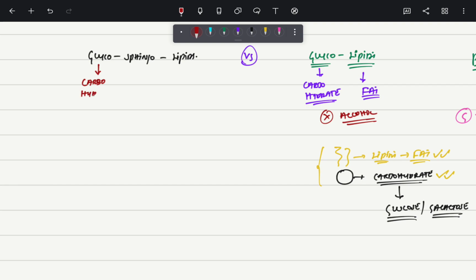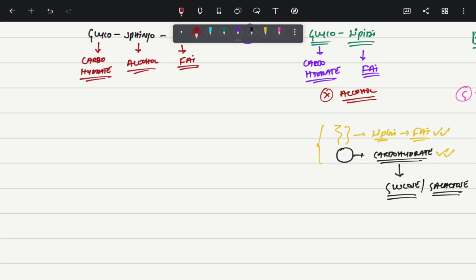It means the phosphoric acid is replaced by carbohydrate such as your glucose or galactose. And what is sphingosine? Sphingosine is an alcohol. And finally we have the lipids such as your fatty acids. So we are going to draw the structure here.